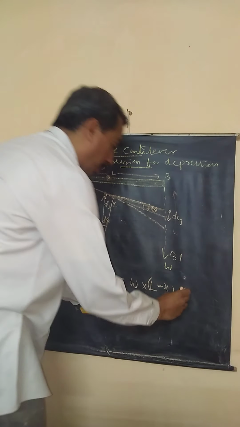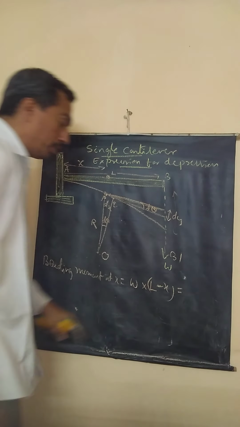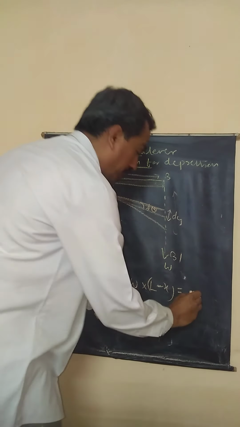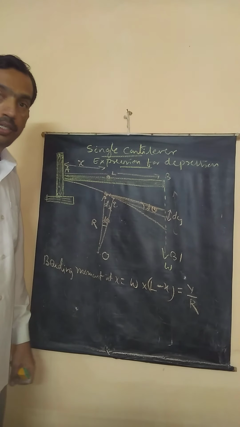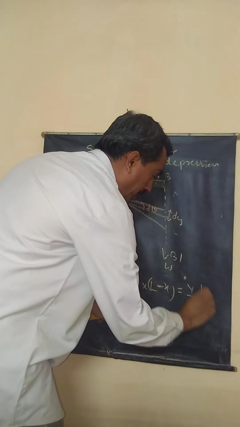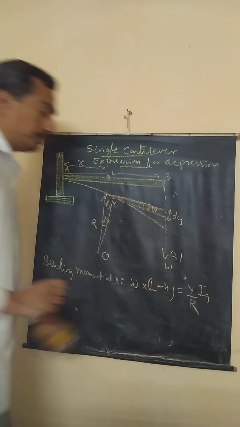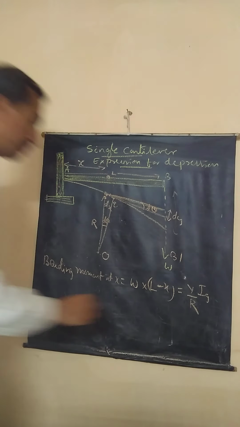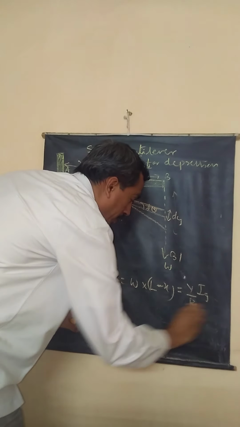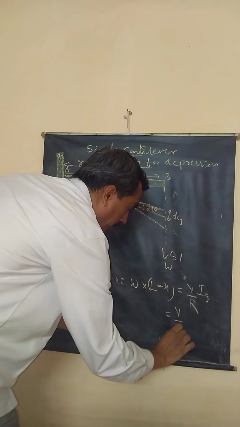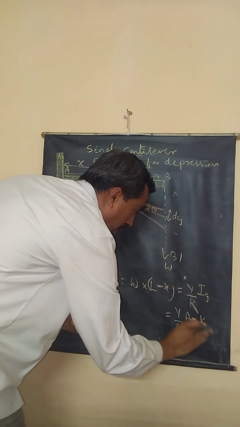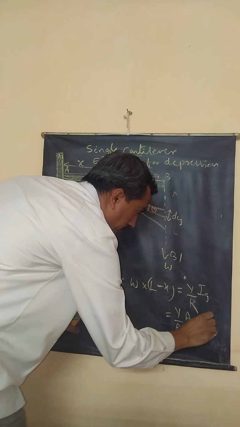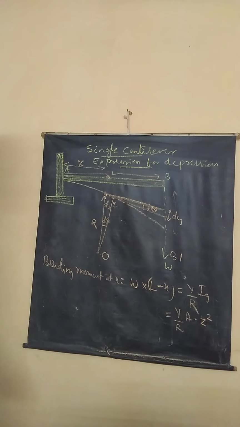Now, this is also equal to, as we have just derived in the previous lecture, Y by R into geometrical moment of inertia. So this is equal to Y by R into area into k square, or z square.